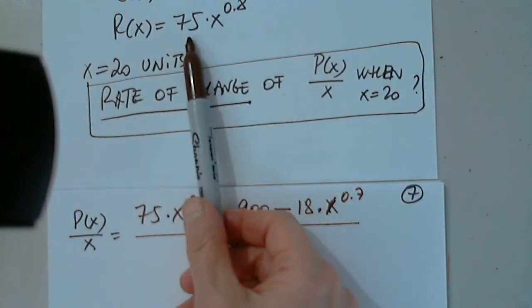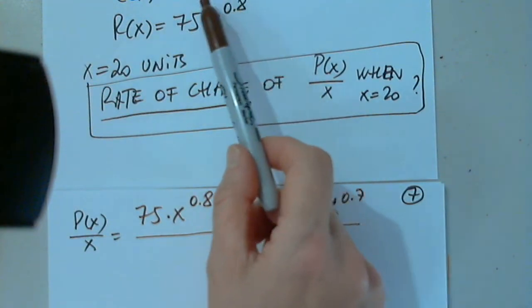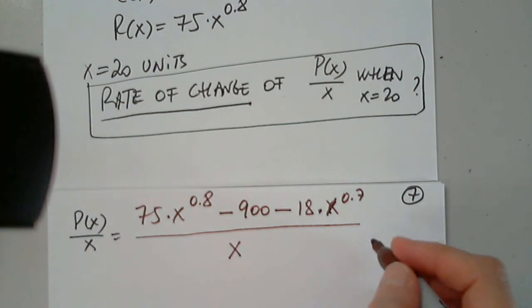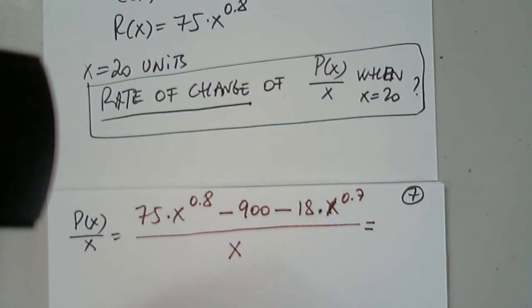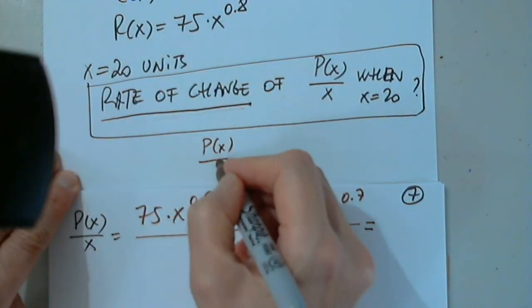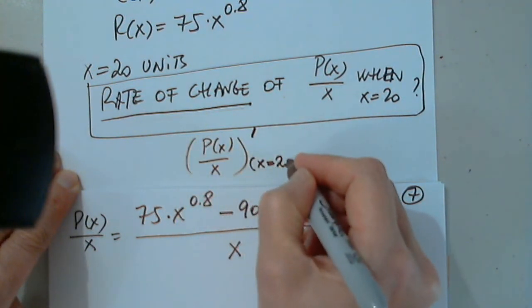So from the revenue, I have to subtract everything that I have in cost. I have to subtract the 900, I have to subtract the 18 times x to 0.7. Now, do I want to differentiate this? No, because that's what I'm asked to find. I'm asked to find P of x over x prime when x is 20.